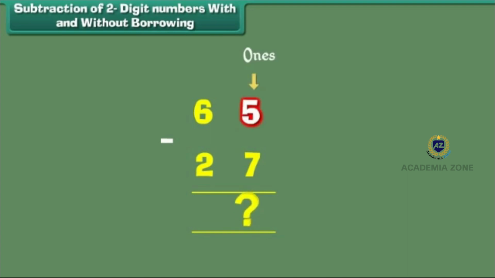Since 5 is less than 7, it borrows 1 from the number at the tens place to make itself 15, which is larger than 7. 15 minus 7 is equal to 8.